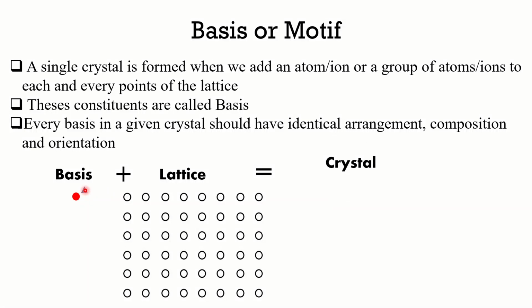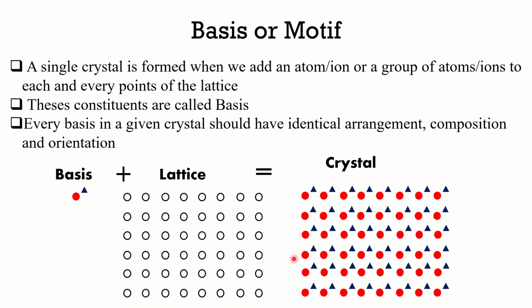So if I add these two atoms in the similar arrangement, composition and orientation at each of these lattice points, then I can form this crystal. Although the lattice was so simple, because of this choice of basis, I have such a complicated crystal.